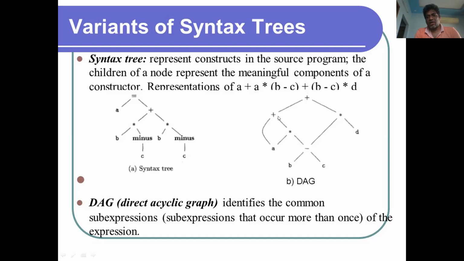So A plus A into B minus C plus B minus C into C. You need to connect this B minus C whenever it is required in the expression into T. And the evaluation will be from left to right in the corresponding directed acyclic graph.